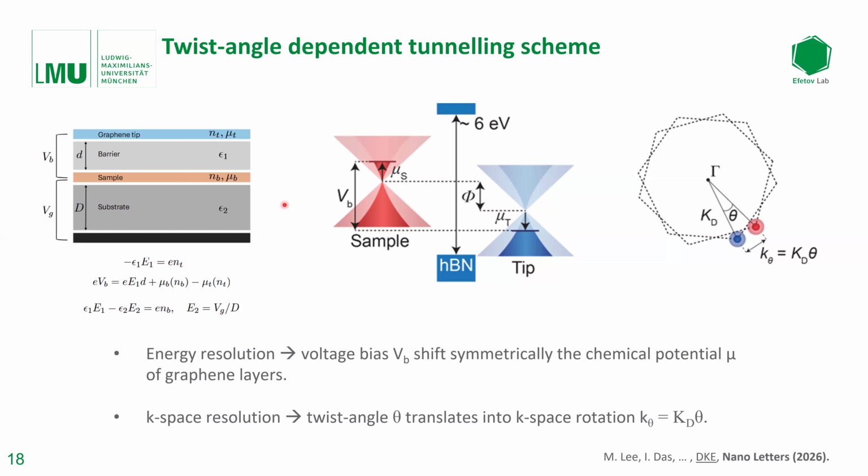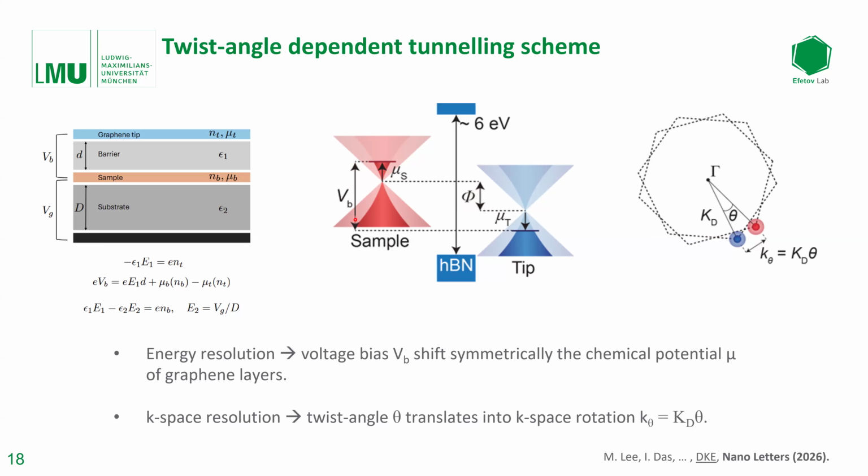All electrostatic simulations show that if you apply a bias voltage between the sample and the tip across the HBN layer, and we have extensive theory in the supplementary information of this paper, roughly a third of this bias voltage goes into shifting the Fermi level in the sample, roughly a third goes into shifting the Fermi level in the tip, and roughly a third goes into the electrostatic energy stored across the HBN layer.